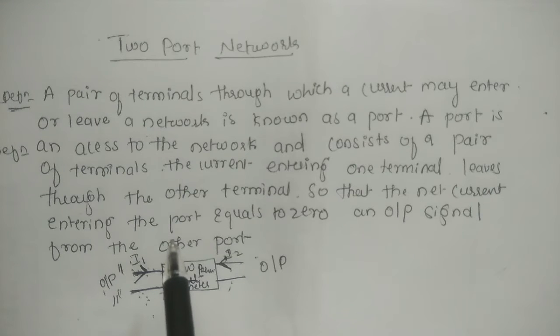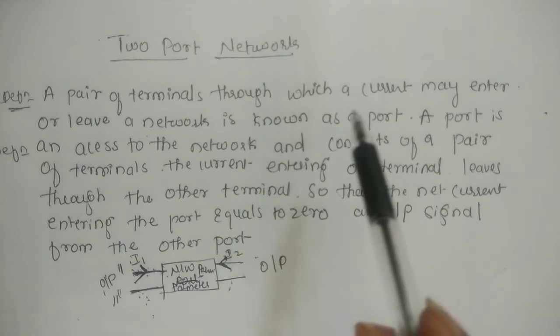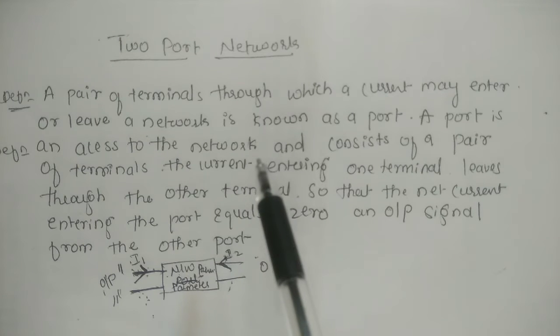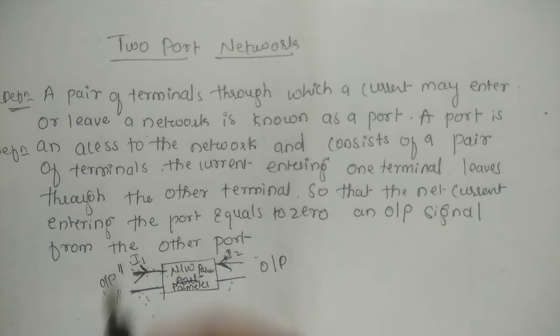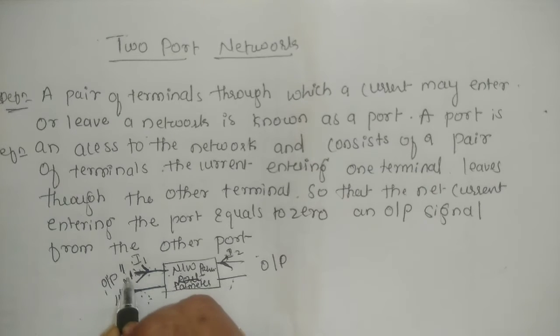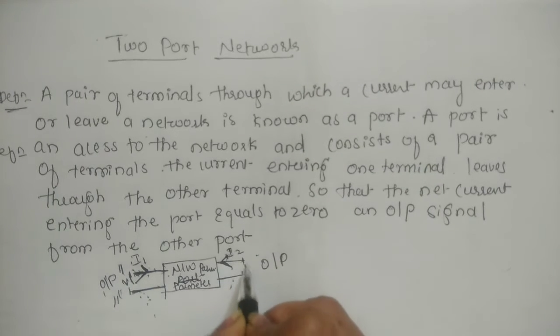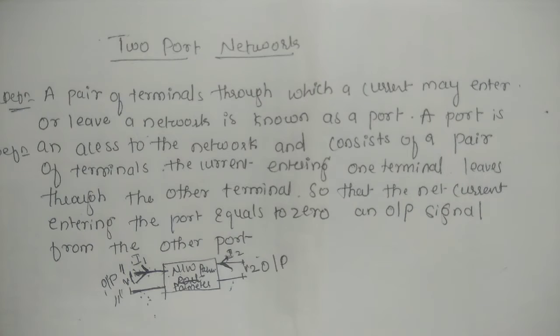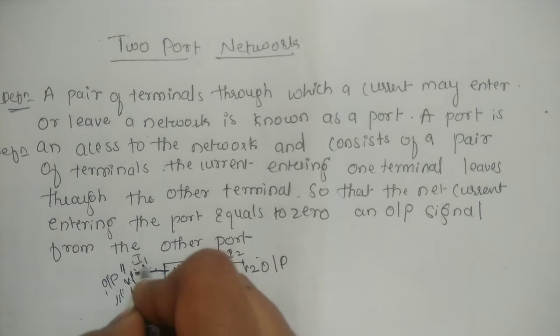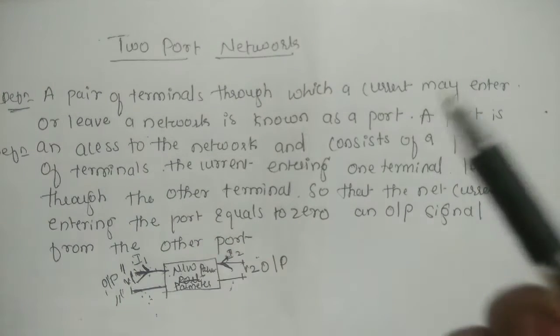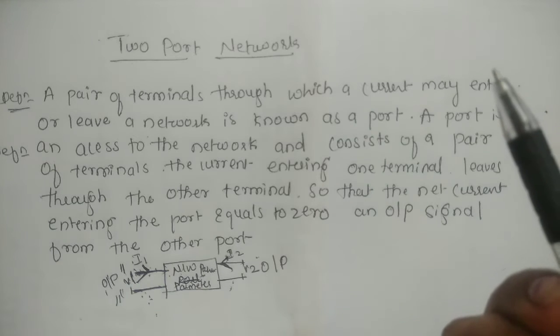Right. The parameters of the two-port network completely describe its behavior in terms of the voltage and the current at each port. Means the voltage we can enter, and this one is V2. We can use the current and the voltage to find out the parameters.